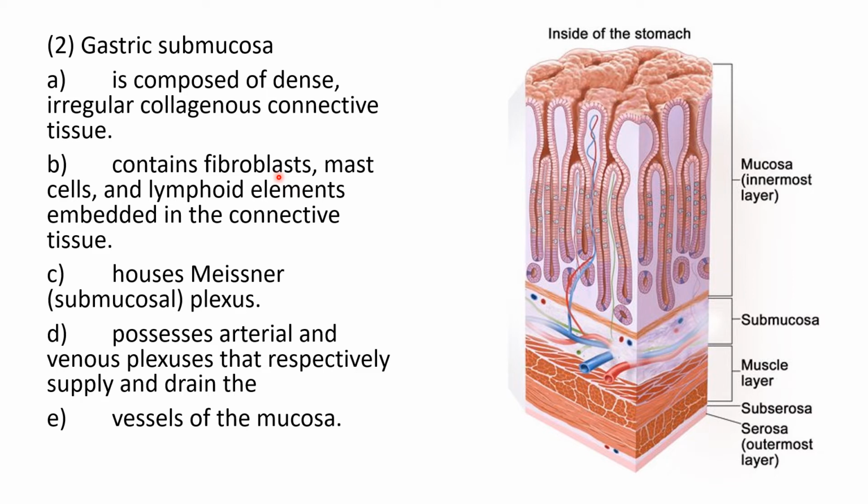The next part in the anatomy of the stomach is the gastric submucosa. You can see this layer is very conspicuous in this diagram. It is flanked between the mucosa and the muscularis externa, and is composed of dense, irregular, collagenous connective tissue. It also hosts fibroblasts, mast cells, and lymphoid elements embedded in the connective tissue.